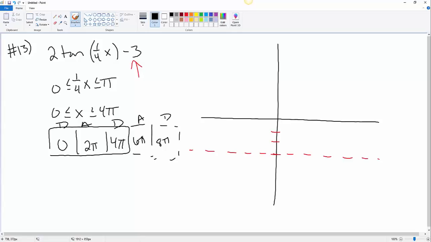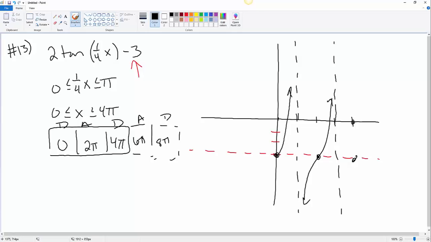And so we're going to have dot, asymptote, dot, asymptote, dot, oops, and there's tangent.